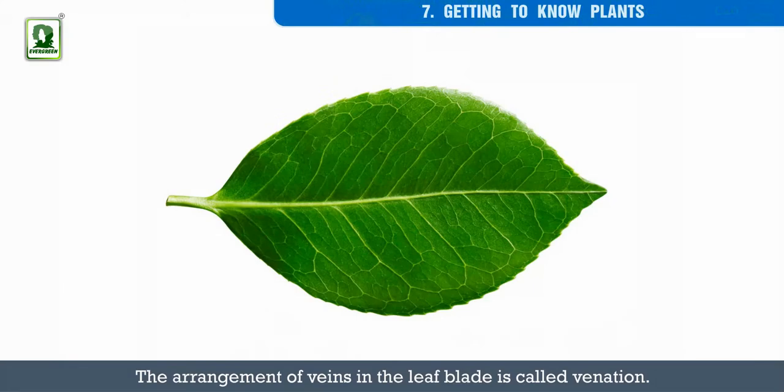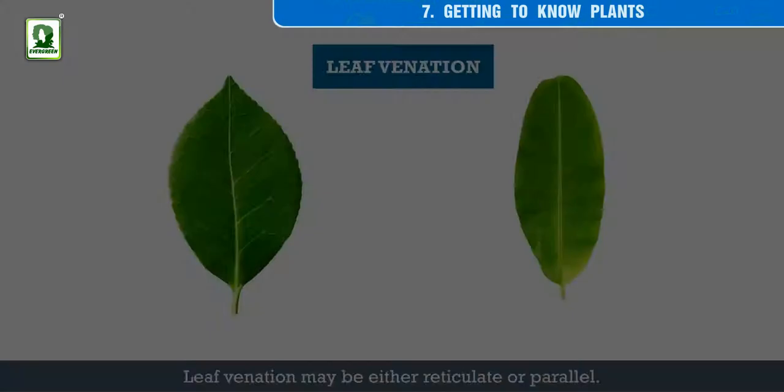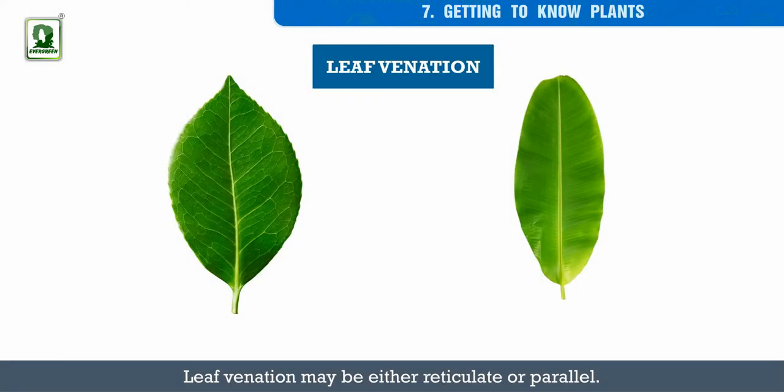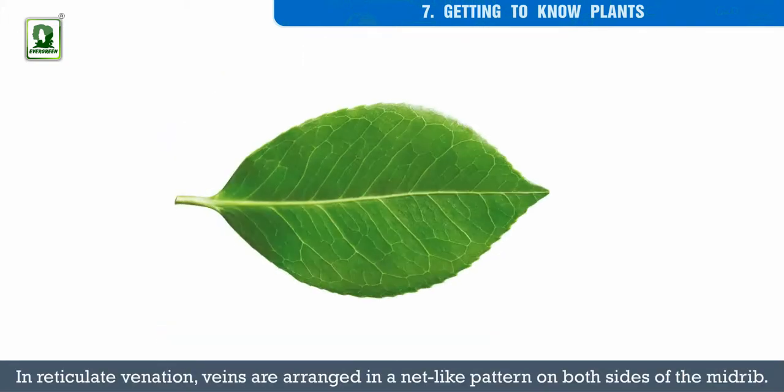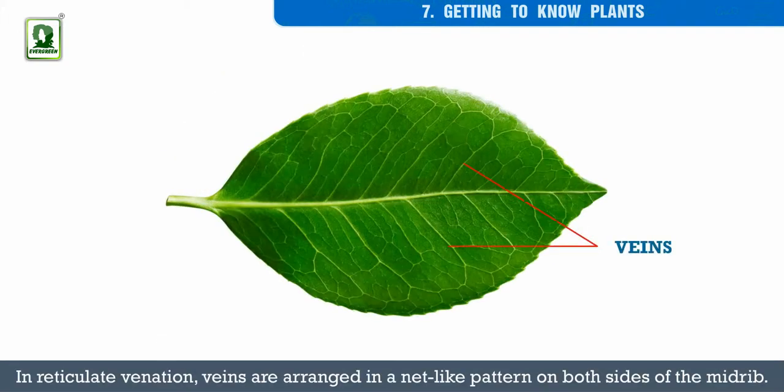The arrangement of veins in the leaf blade is called venation. Leaf venation may be either reticulate or parallel. In reticulate venation, veins are arranged in a net-like pattern on both sides of the midrib.